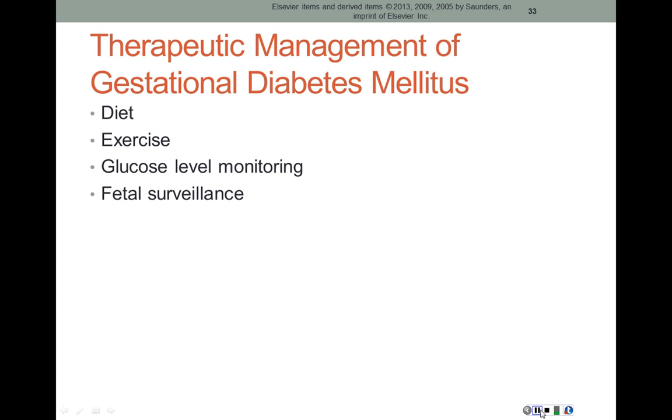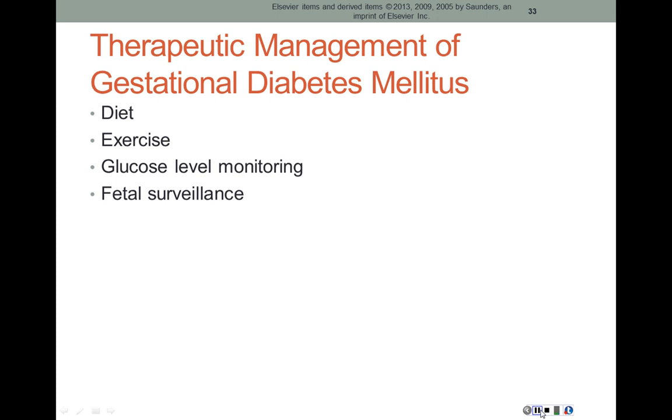We have to instruct mom to limit those highly refined carbohydrates and sweets. And remember, there is no magic diet that's right for everybody. We have to look at what mom's normal diet is, and then from there make recommendations for changes so that we can make sure we get all the nutrients and we're not getting too much sugar and too many refined carbohydrates.